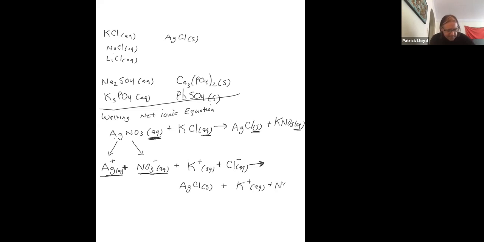Notice there are charges in here. When we write these equations, we have to write the charges. Sometimes people circle the charge, generally not, but I will just to highlight that I'm writing in the charges here. Of course, nitrate is a polyatomic ion, and potassium, chloride, and silver are monatomic ions. So this has a couple of different names.